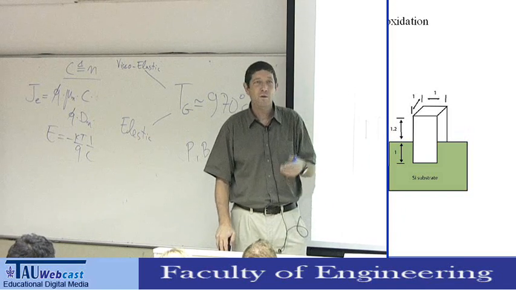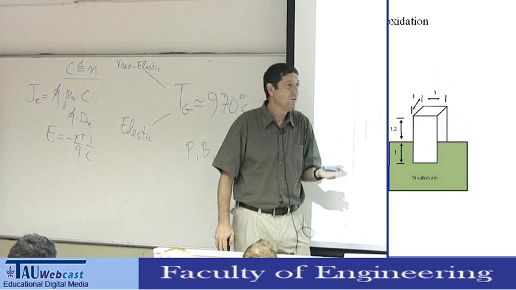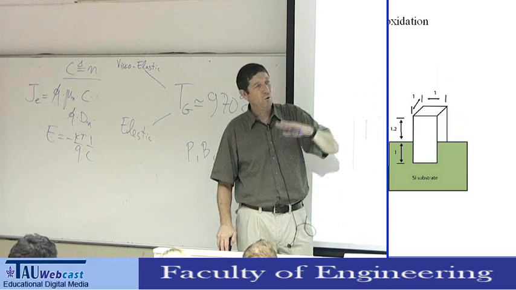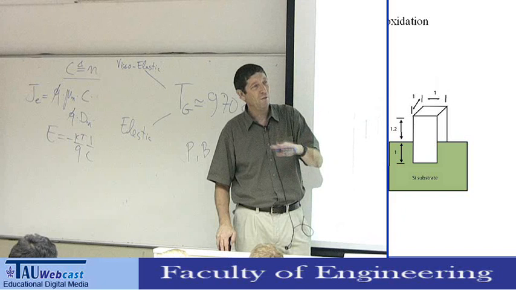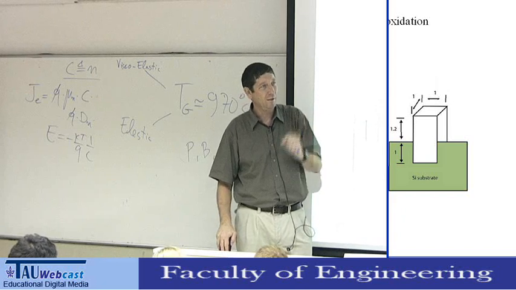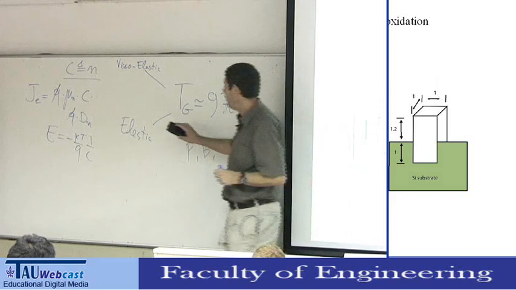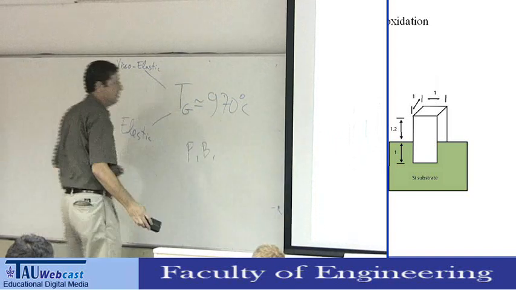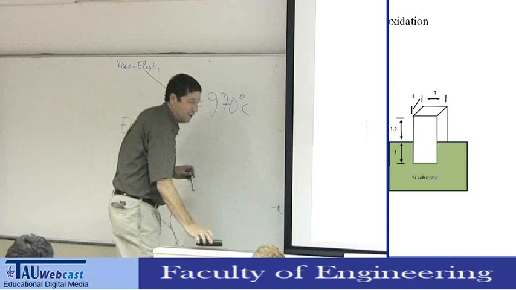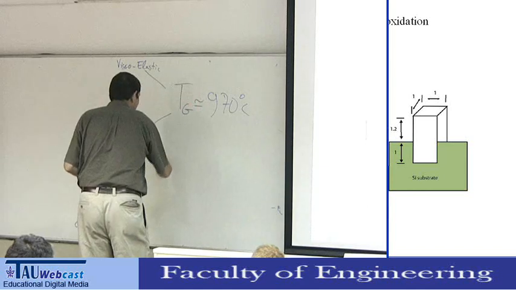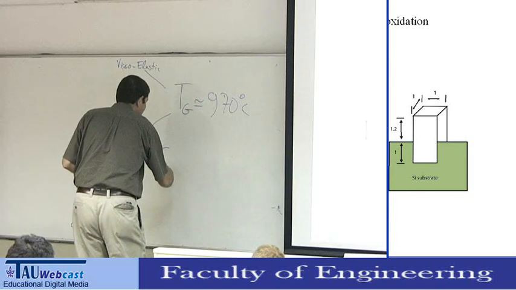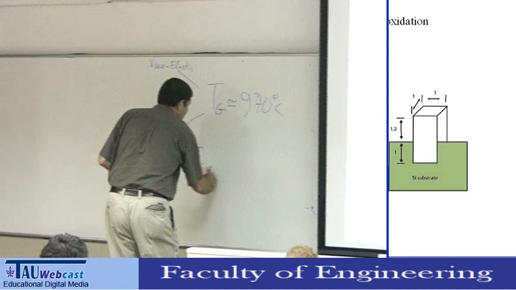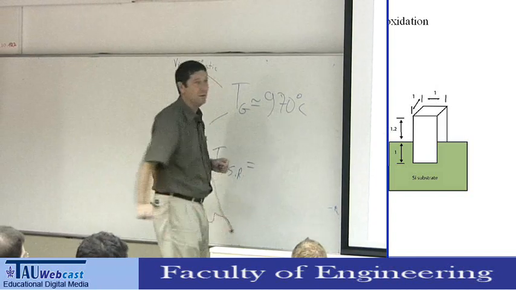But if you grow at very high temperature, then you have a lot of diffusion. You want to grow at low temperature because then diffusion is very limited. Another important temperature that I told you last week is the annealing temperature for solid state recrystallization in silicon.